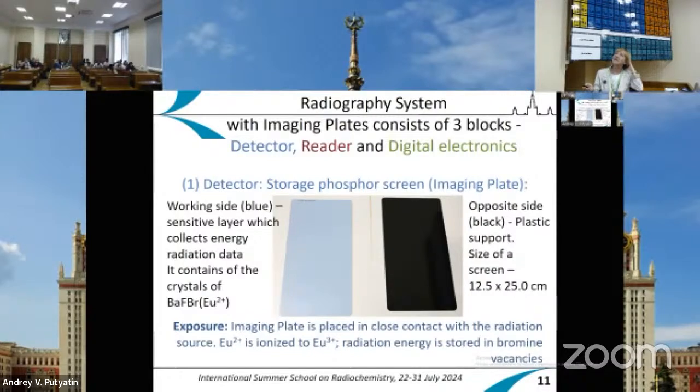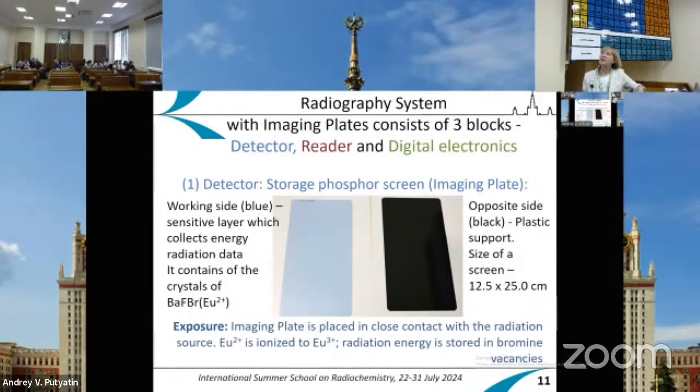The detector is an imaging plate with a blue side, which is the phosphor layer, and a black side, which is just the plastic support of this phosphor layer. It contains crystals of barium fluorobromide.